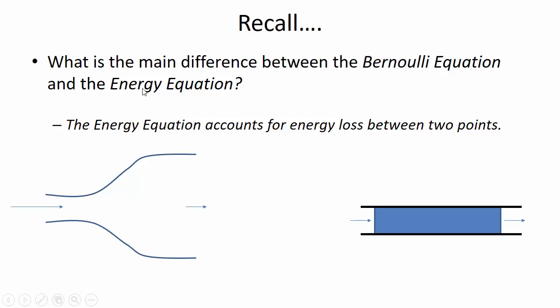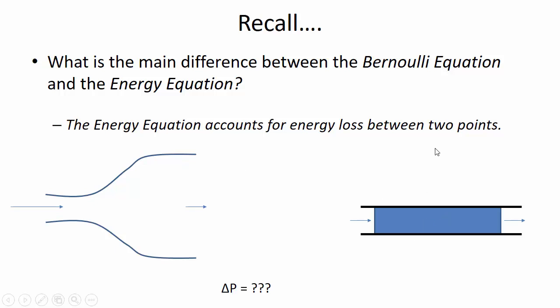Now, the energy equation does, through a variety of different methods. We could use the Hazen-Williams equation to approximate how much pipe friction there is, or if we want to be more accurate, we could use the Darcy-Weisbach equation to estimate how much head loss there is. But we'll use it for longer pipes where it doesn't necessarily just have to be a rapid transition. It's over a much longer distance.